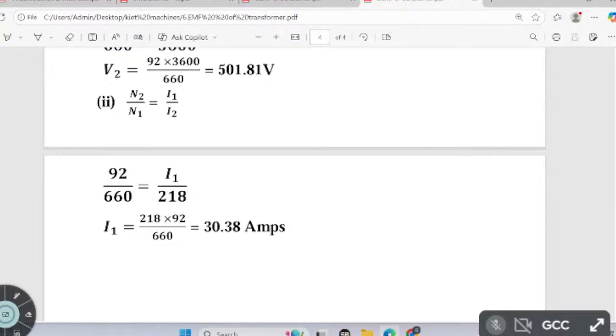Only the induction motor is left in the machines. The working and principle are the same as the transformer. What is the transformer principle? Faraday's laws of mutual induction.